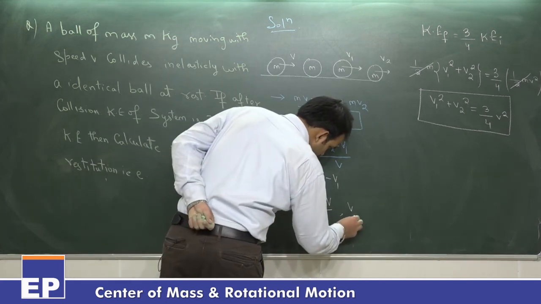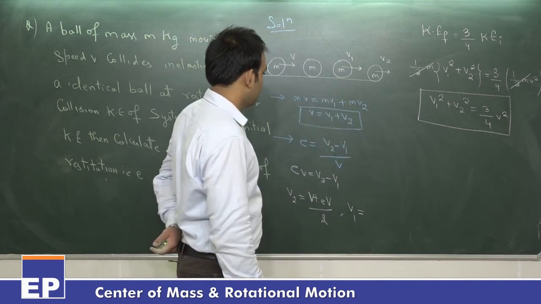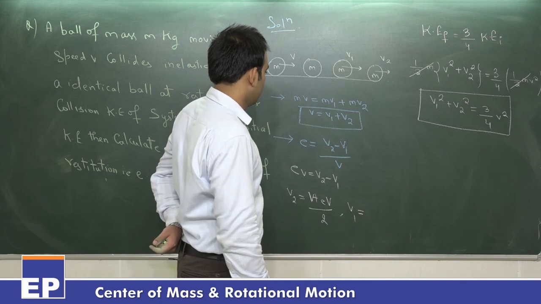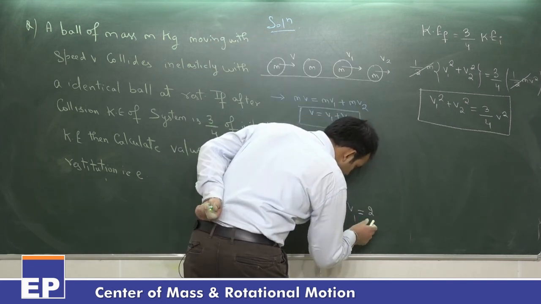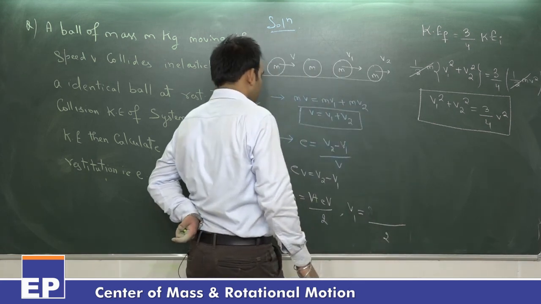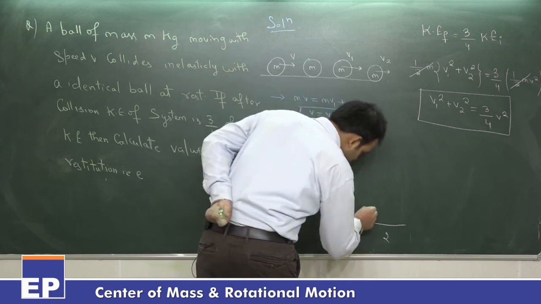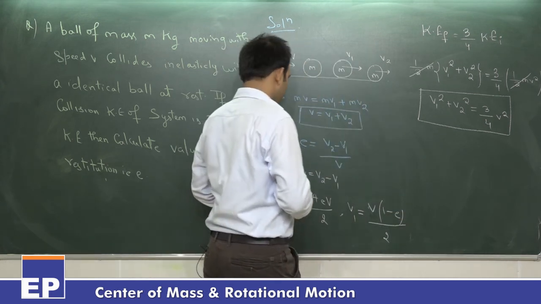What is the value of V1? If we subtract the two, we get 2V1, and that will become V minus EV. Put its value here.